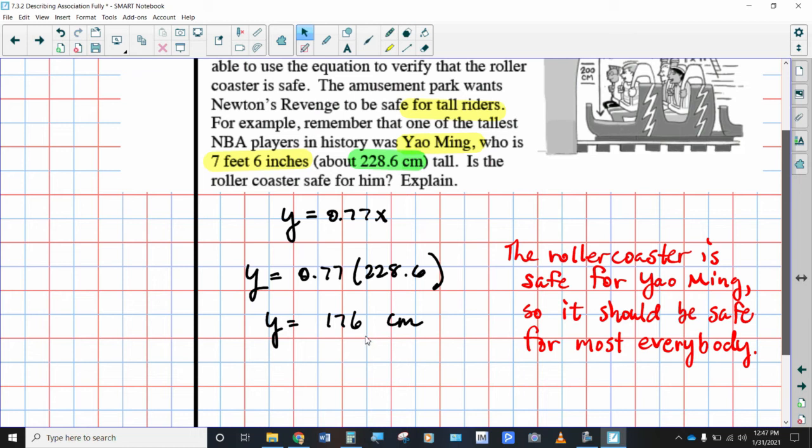Now, if you are super tall, like 7 feet tall or taller, exercise your own judgment. And I think that's what most amusement parks do. They will say, if you're taller than this height, you probably shouldn't go on this ride, and you should honor those signs. But it seems like this is reasonably safe.